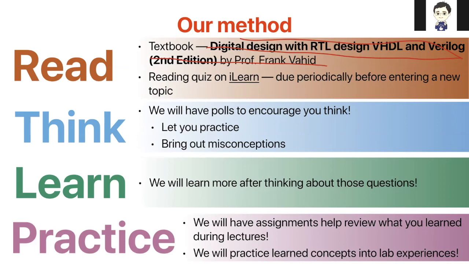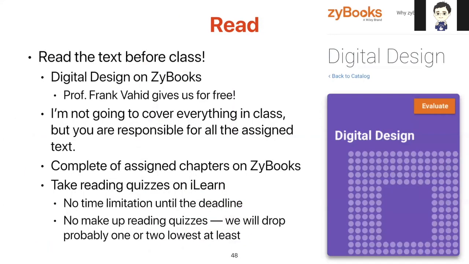Through those lectures and questions, you will learn. Finally, when you learn a concept, it's really important to practice. So we will have assignments to help review what you have learned during the lectures, and we will put the learned concepts into practice in lab experiences.